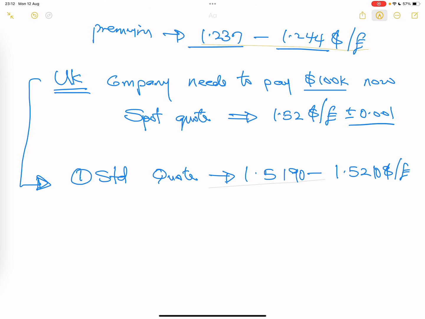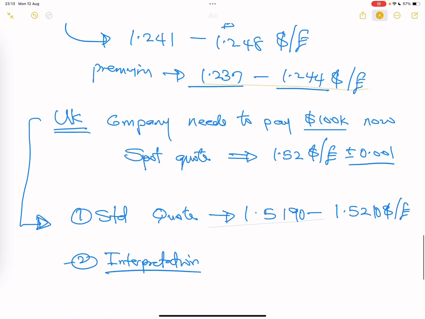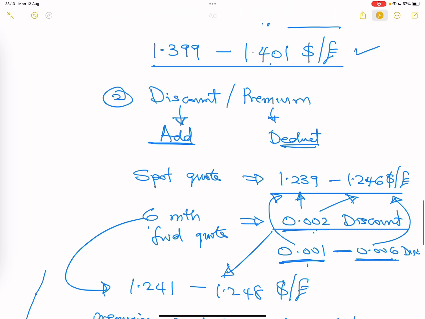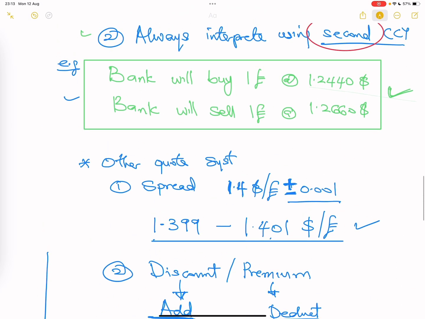Now we need to get to our interpretation. Interpretation is very critical, and it's where you need to go back to. It's very important, this place.